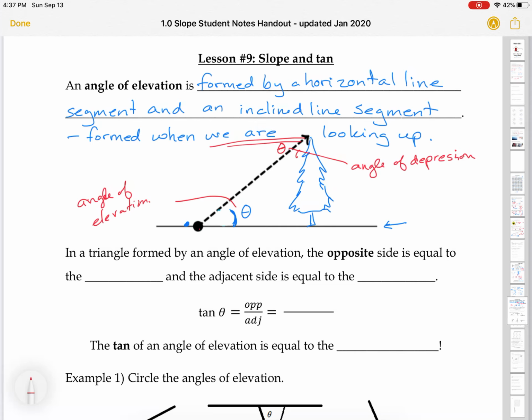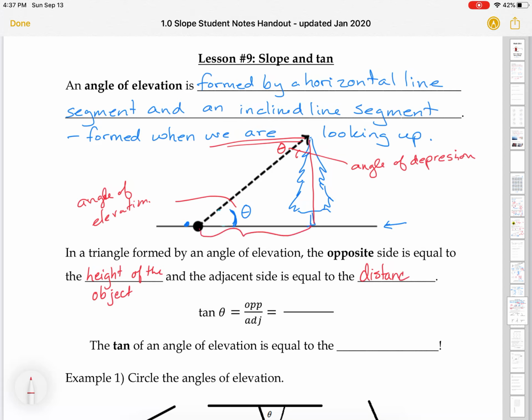Okay, in a triangle formed by the angle of elevation, the opposite side is equal to the height of the object. So it would be the height of the tree in this case, and the adjacent side is equal to the distance from the object.